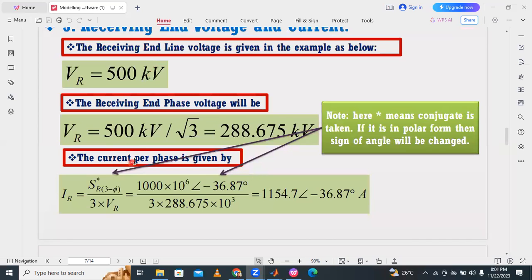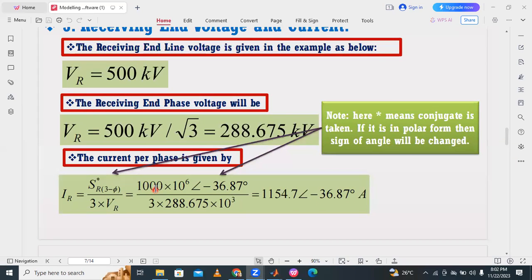And next, the current per phase is given by I is equal to S divided by 3 into VR. S is equal to 3 times V into I, S is equal to 3VI. Then I is equal to S conjugate divided by 3 into VR. Here conjugate means the sign of the angle will be changed.